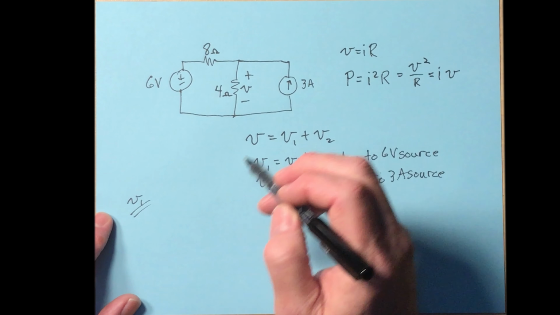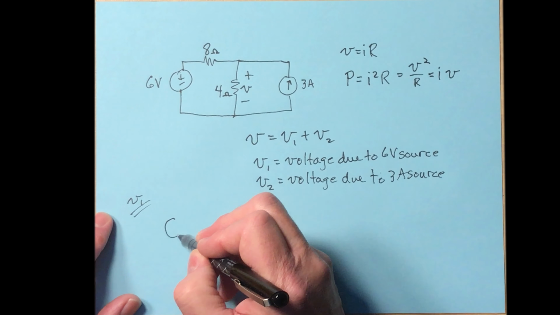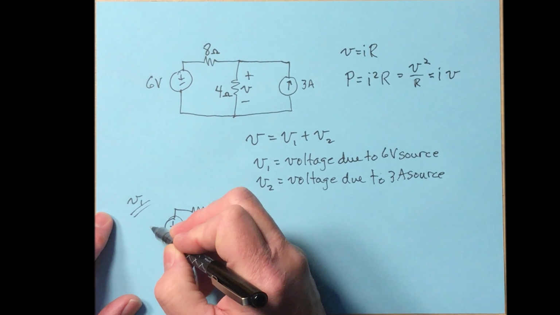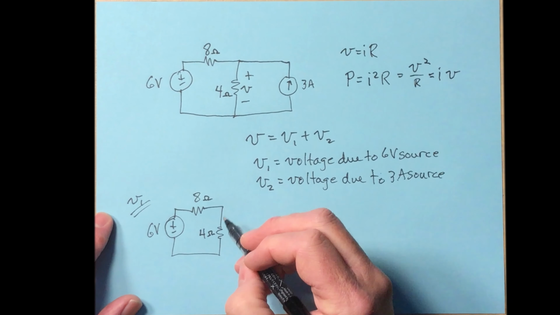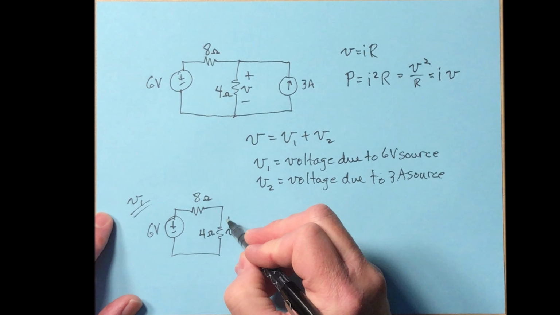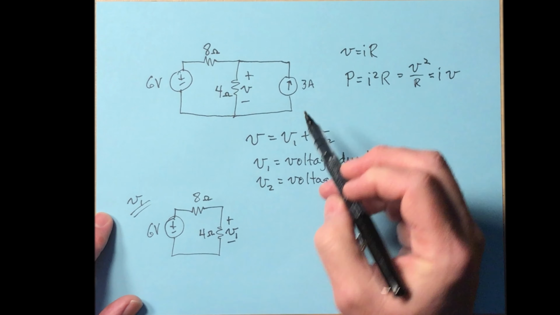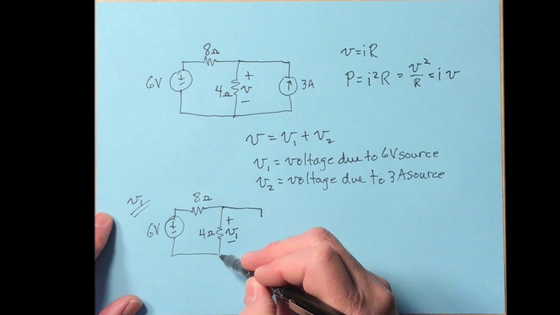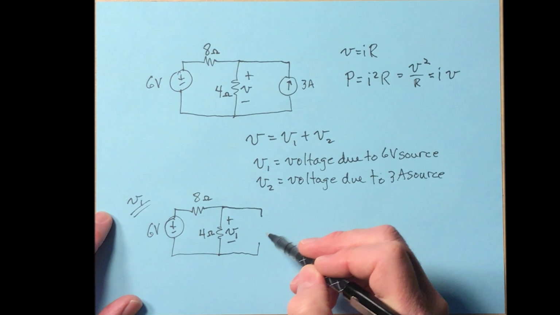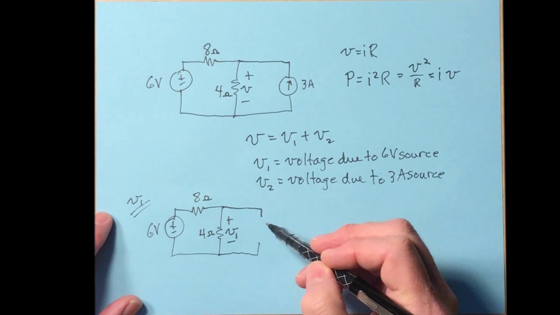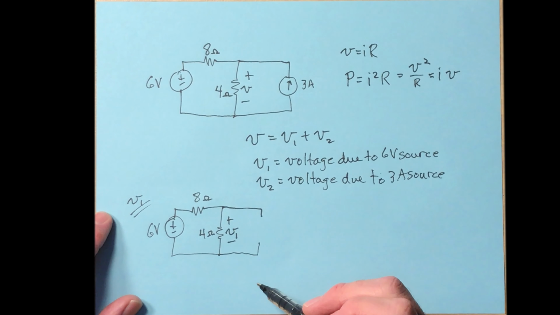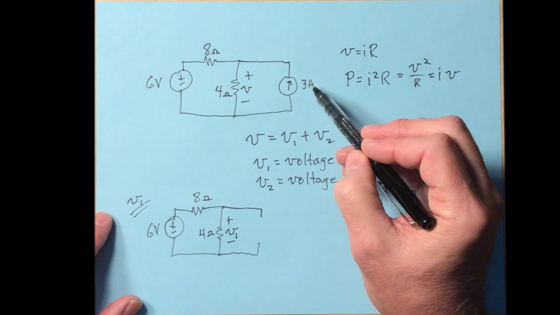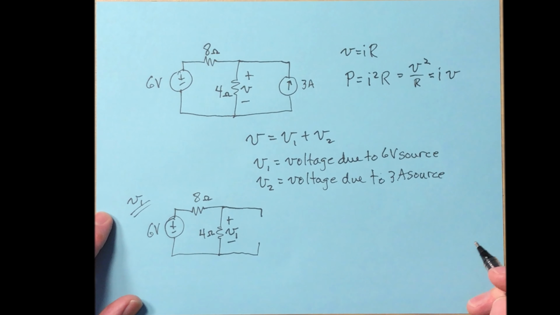So when you disable the 3 amp source, the circuit becomes this. And now V is V1. Okay, so we just left a hole there. I didn't draw the wires over here, but that's where it would be. Those wires are serving no purpose now, so we could do away with those. But we've disabled the 3 amp source by literally removing it from the circuit.